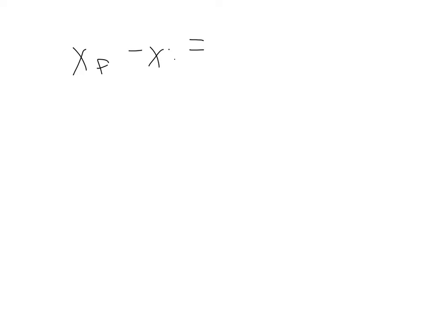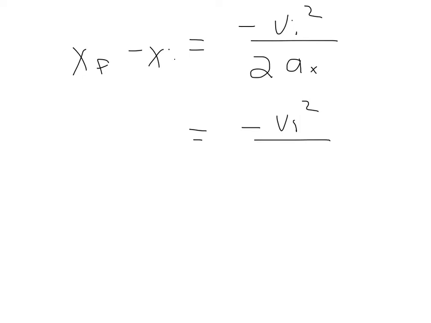X final minus x initial equals minus v initial squared, because v final squared is 0, and I move v initial squared to the other side, divided by 2 times the acceleration, and this is the x acceleration. Alright, so I just solve for the previous equation right here, and v initial squared is whatever it is, so it's equal to minus vi squared divided by 2, and my acceleration we came up with was minus mu k times g.